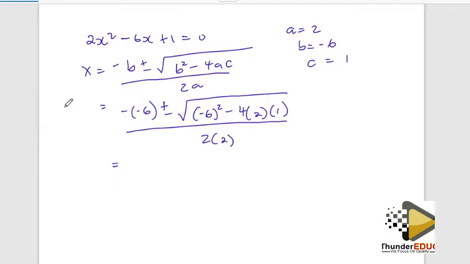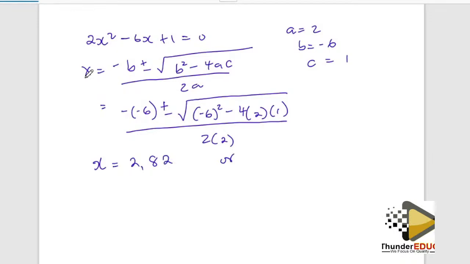So I'll have my minus 6. I'll start with a plus in the middle here. And that is the square root of 6 squared minus 4 times 2 times 1, over 2 times 2. I'm getting 2.82. So x is 2.82.